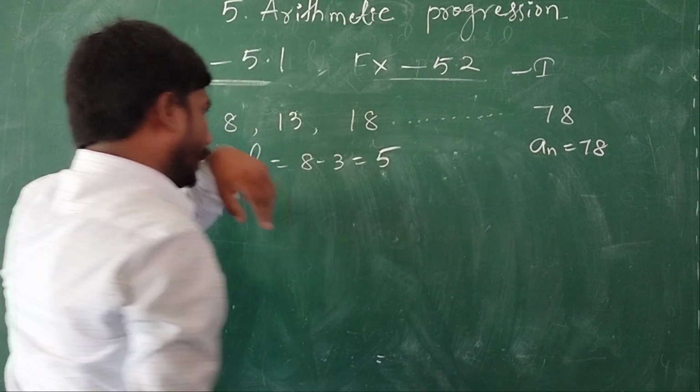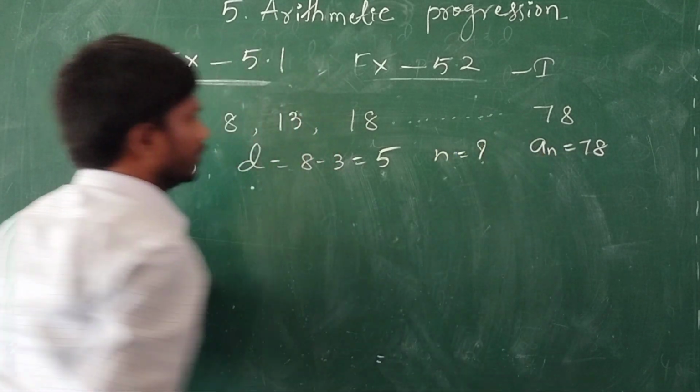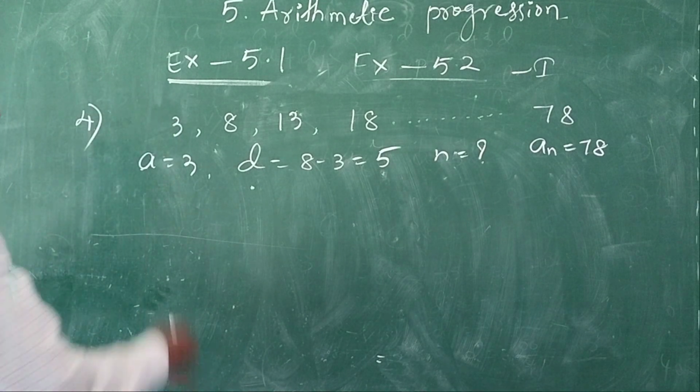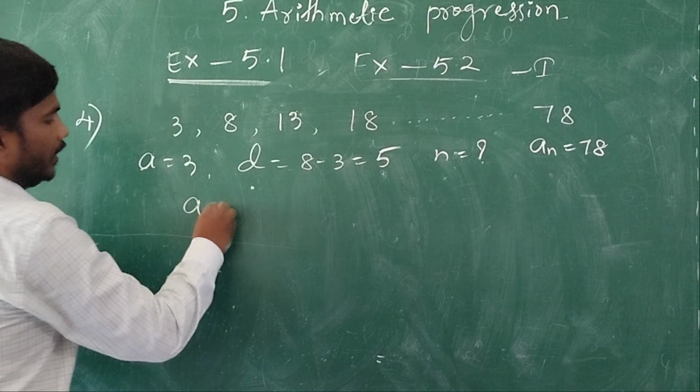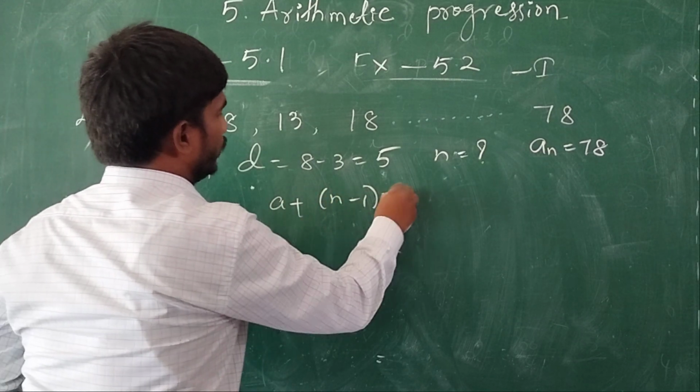Then he is asking, an is also given. He is asking the number of terms. So n is found by an is equal to a plus n minus 1 into d.